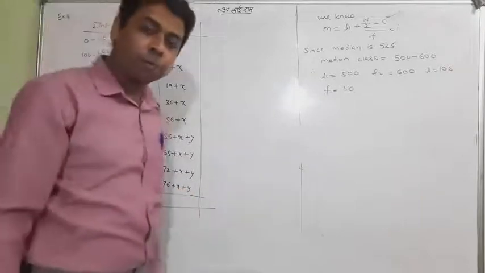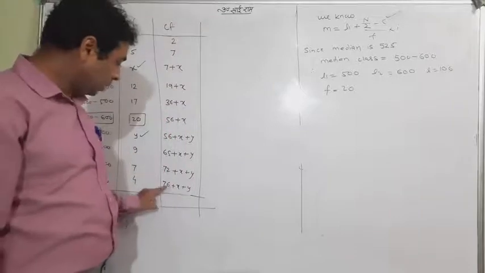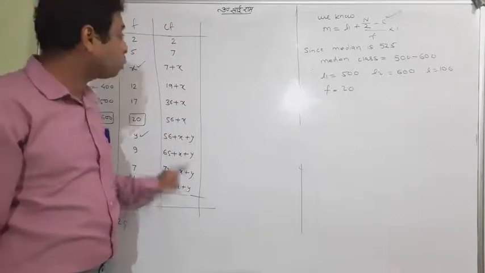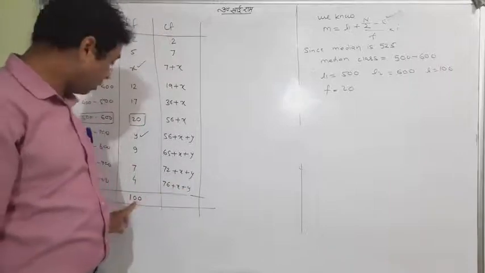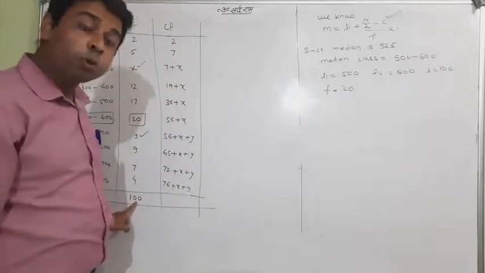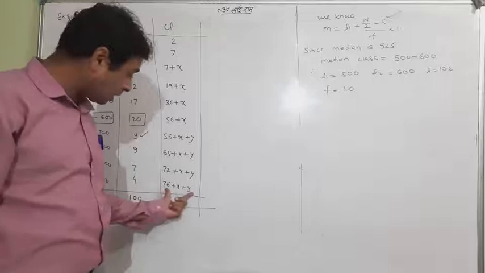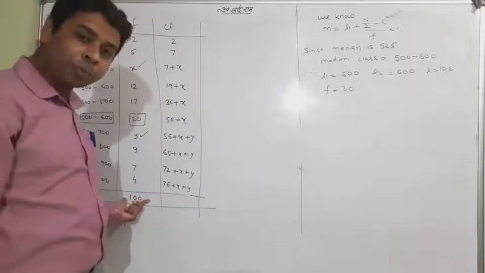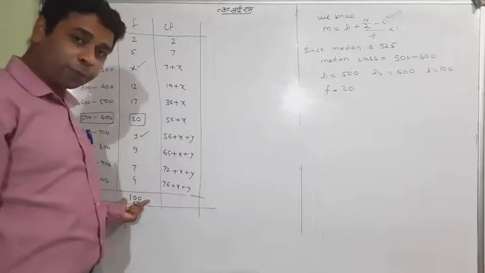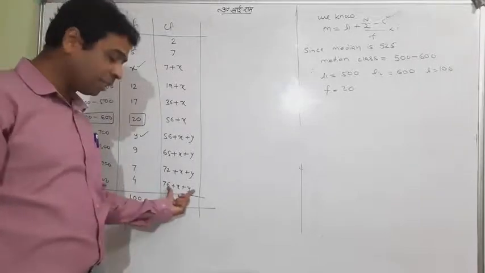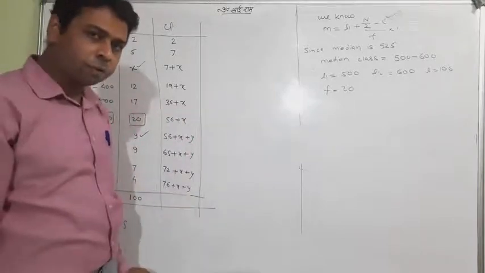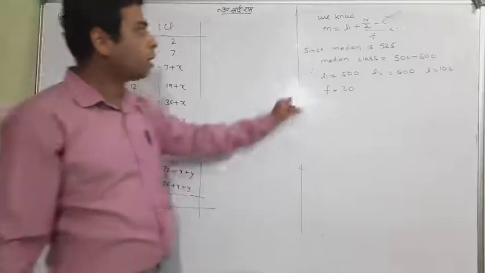Let me speak frankly again, student: this last number is actually the total of the frequency, which is 100. So don't be surprised that the last number is the same as the total frequency, meaning 100. We can make an equation; there are lots of equations here, don't worry about that.